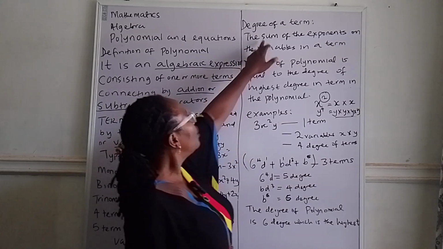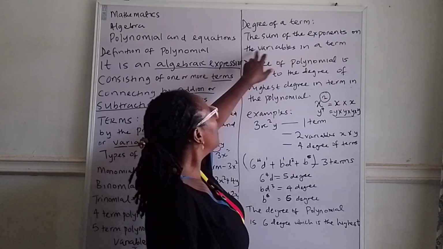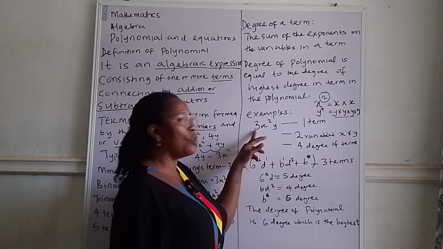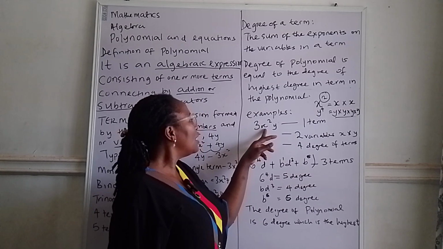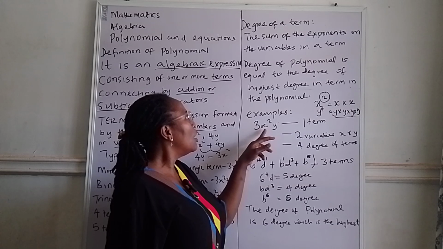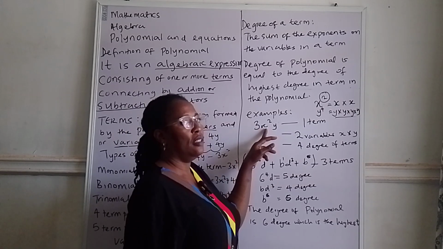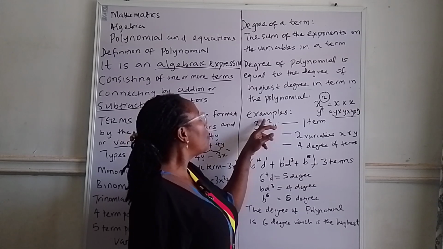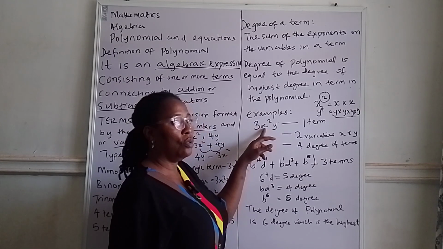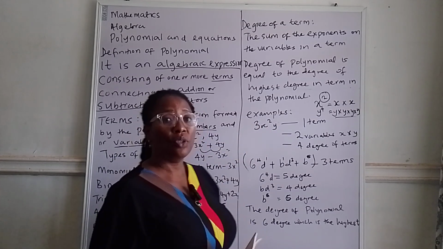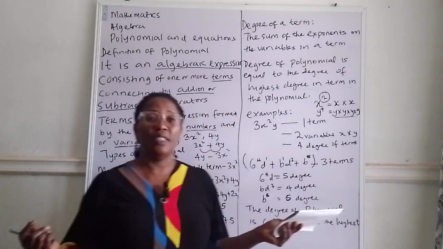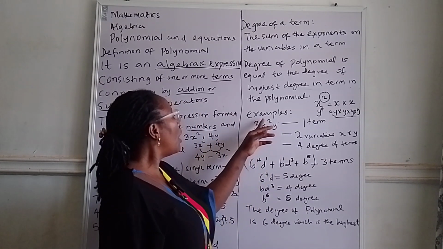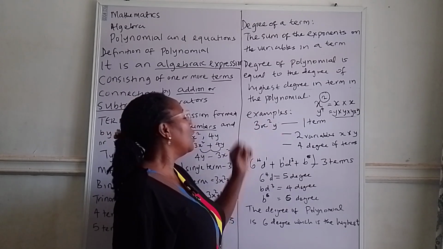And we are saying the sum of the exponents on the variables, not on the constant. 3 is a constant. So you only consider the sum of the exponents on the variables. I told you our variables are from letter A to Z. So the variables here are x and y. You check the sum of the exponents.